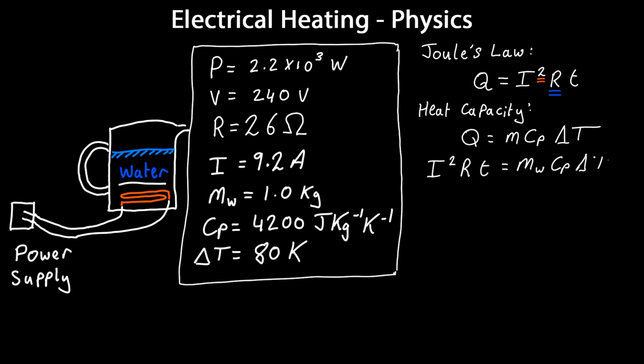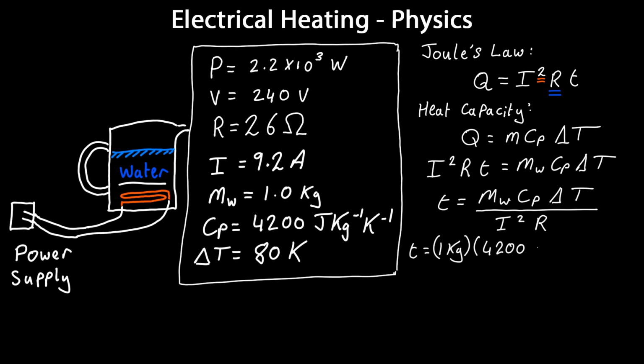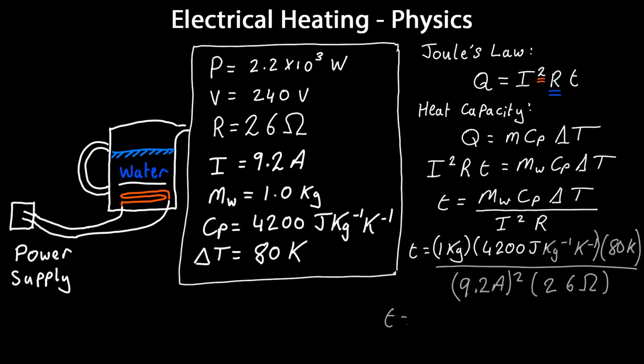And we can rearrange this equation now to isolate the time. And this will be the time it takes to heat up the water from 20 degrees Celsius to 100 degrees Celsius. Now we plug in all these values here, and to two significant figures, we get a value of 150 seconds.